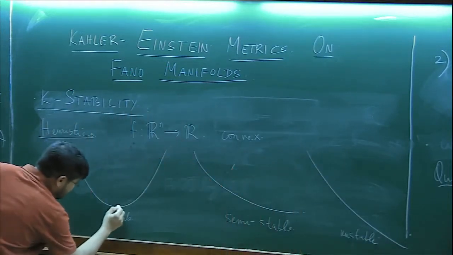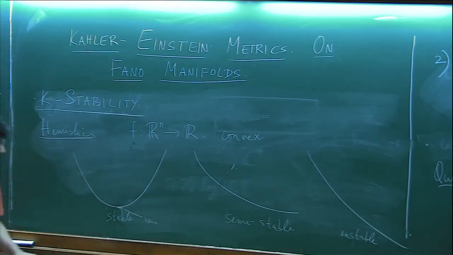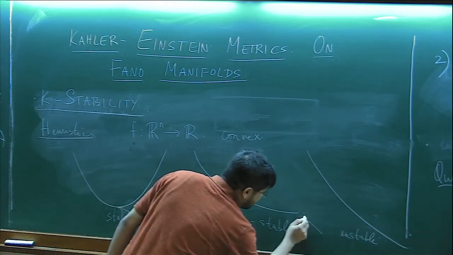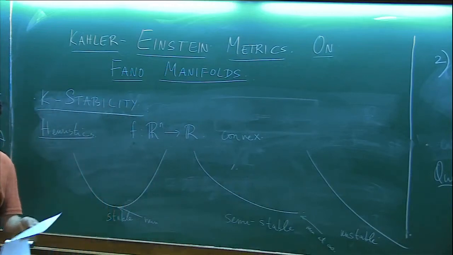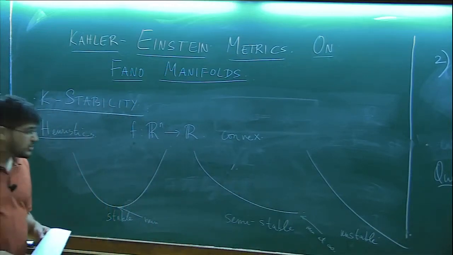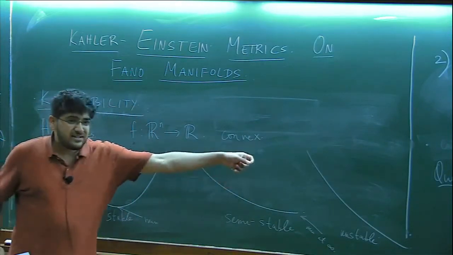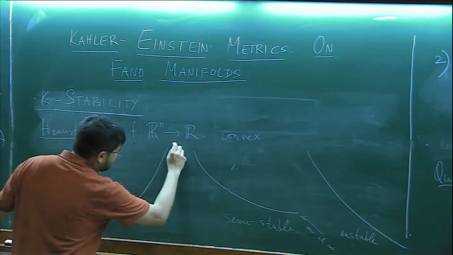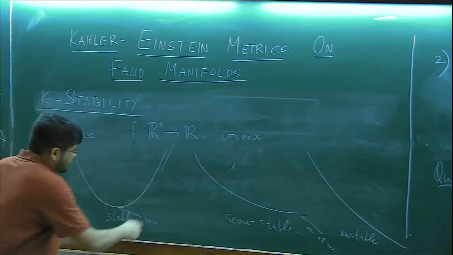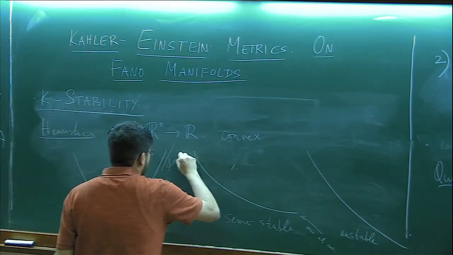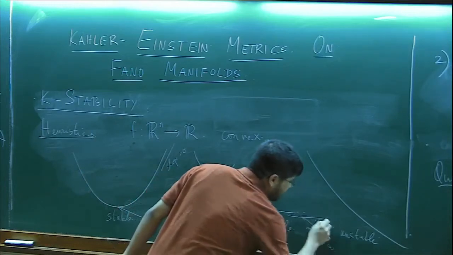So in the stable picture, you do have a minimum. In the semi-stable picture, you basically have a minimum at infinity. And in the unstable picture, your function is not even bounded below, so there's no hope of getting a minimum. One way to characterize these is to look at the slope at infinity. The slope at infinity here is positive, here it is 0, and here it's negative.